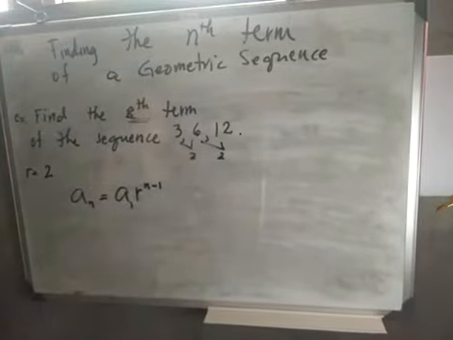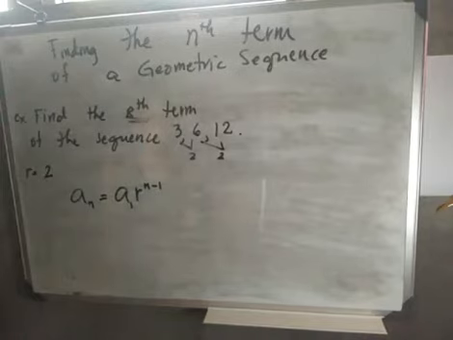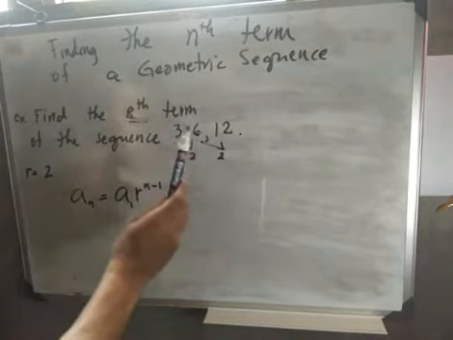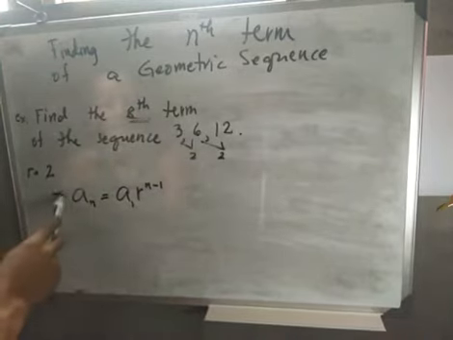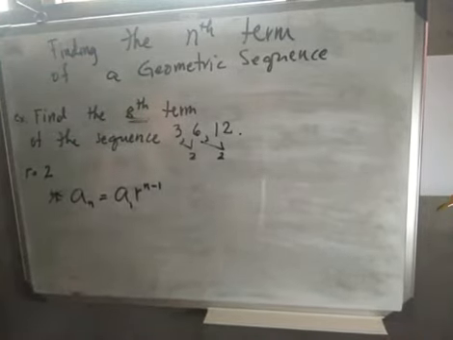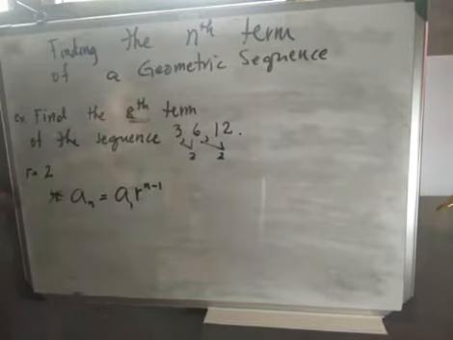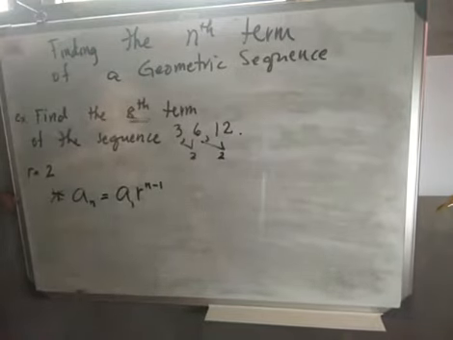Yan yung formula natin dun sa paghahanap ng nth term, okay? So if the sequence does not have a common ratio, then we cannot utilize this. Hindi natin pwedeng gamitin, since ito na yung latest na formula na napag-usapan, hindi pwedeng yan parati yung gagamitin mong formula. It depends pa rin dun sa sequence na given.